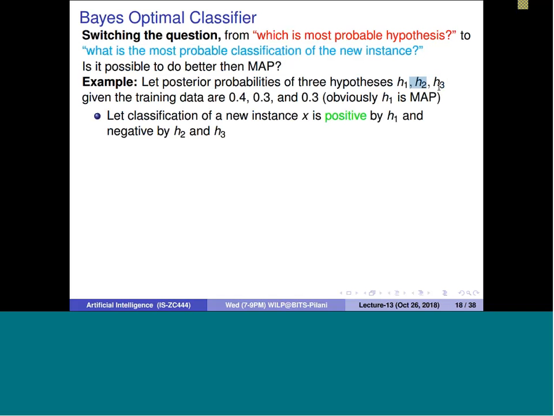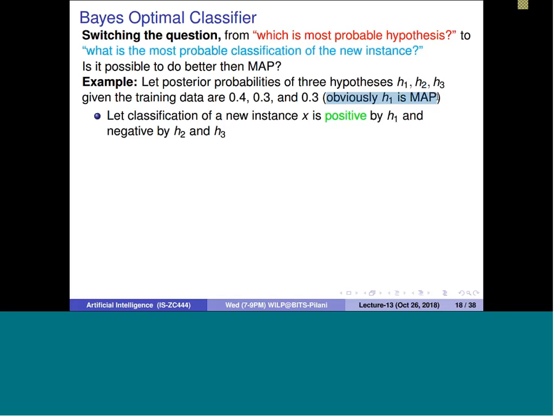So which is the best algorithm? H1, because I have more confidence in H1. Obviously H1 is the MAP hypothesis. All right. This is the best thing.